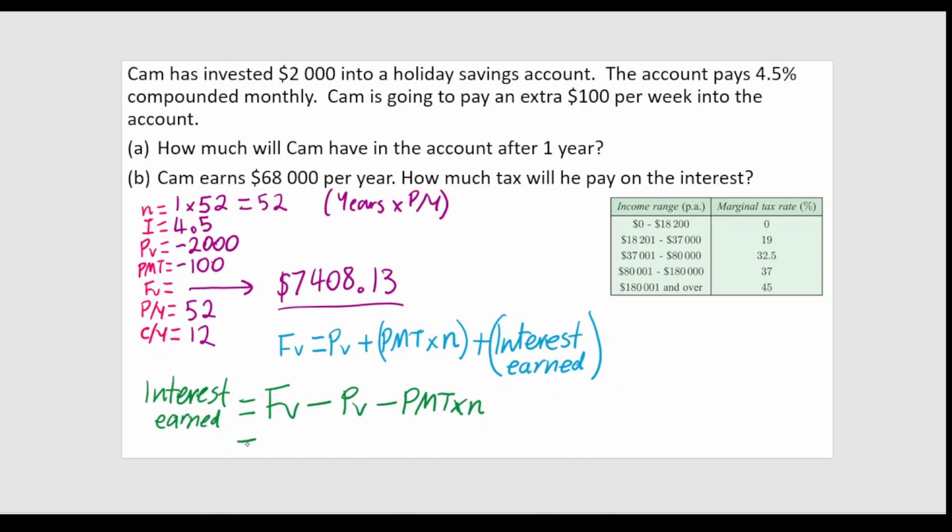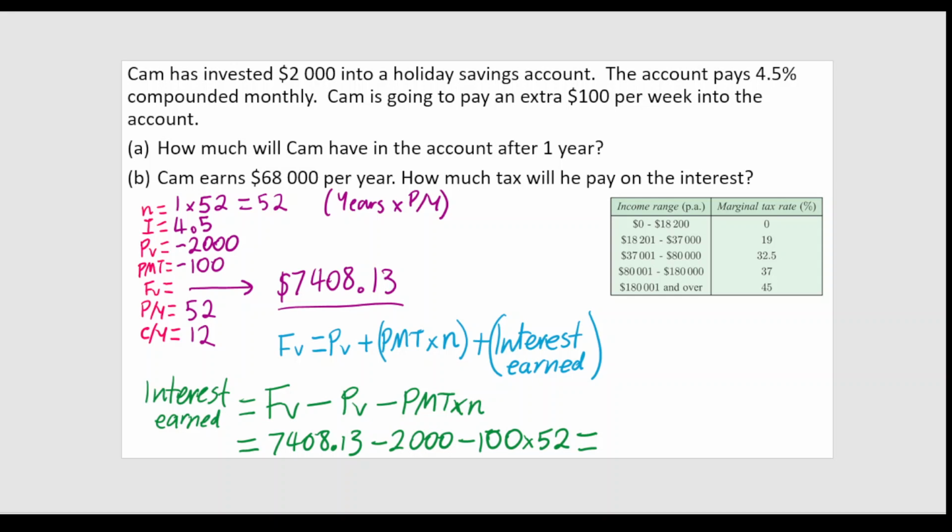So we've got interest earned equals $7,408.13. We're taking away 2,000, and we're also taking away $100 52 times. What that's going to give us is our final amount of money.